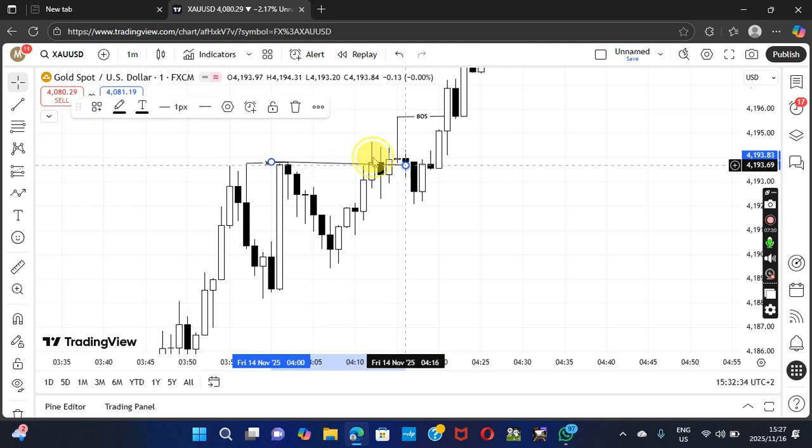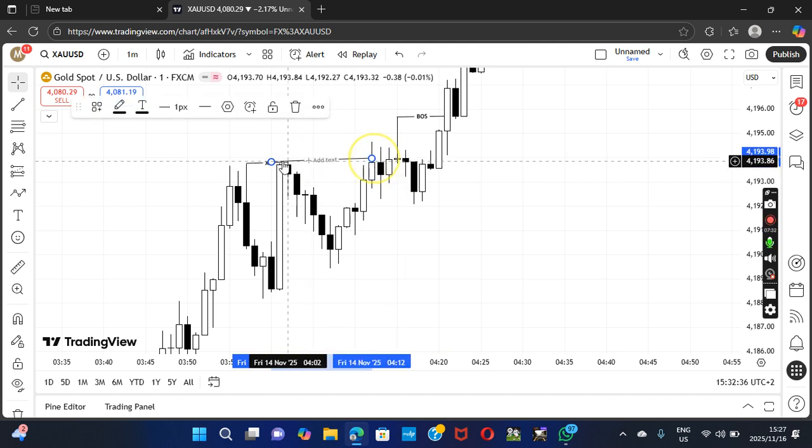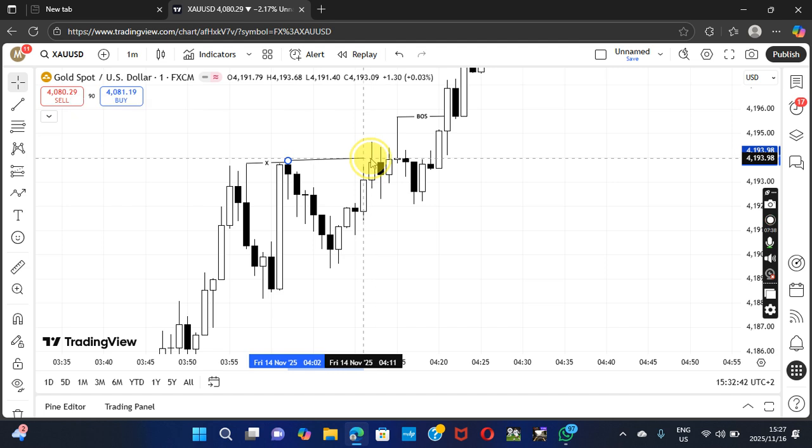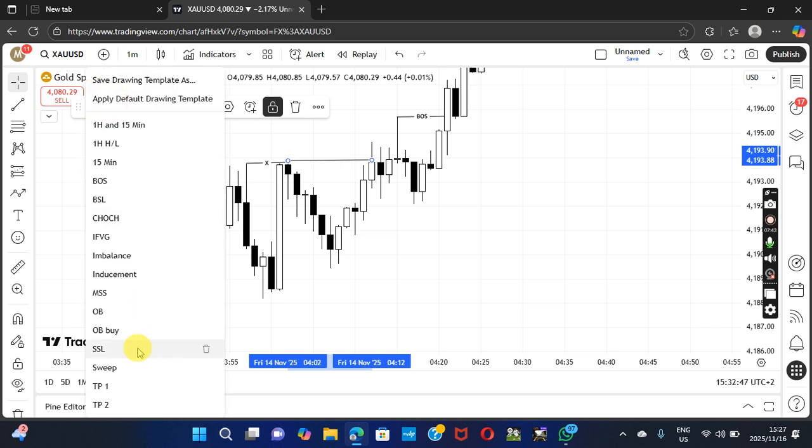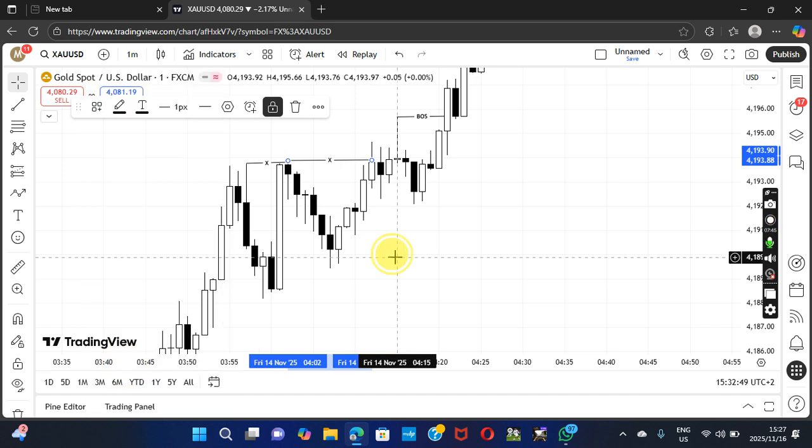Okay, let's mark this one. Since the inducement wasn't tapped, it's still an invalid structure. So let's mark it. This is our invalid structure.